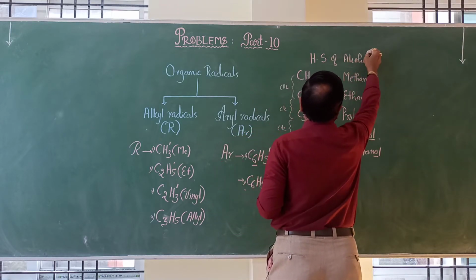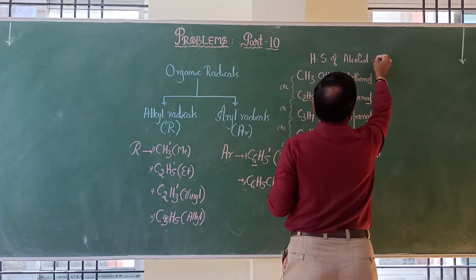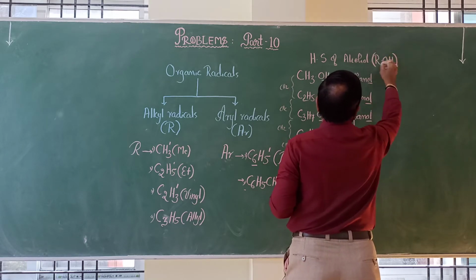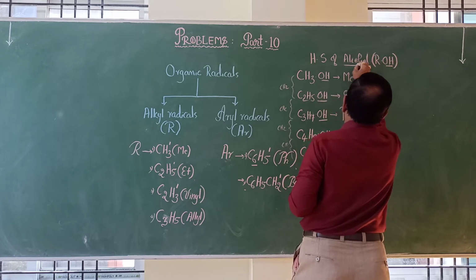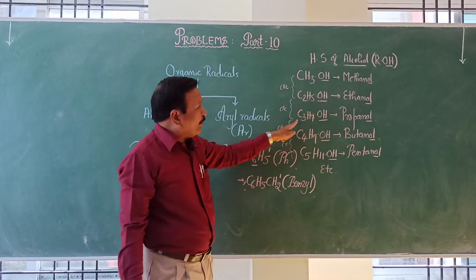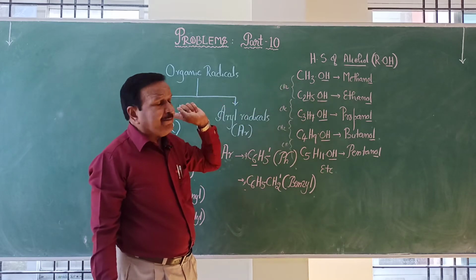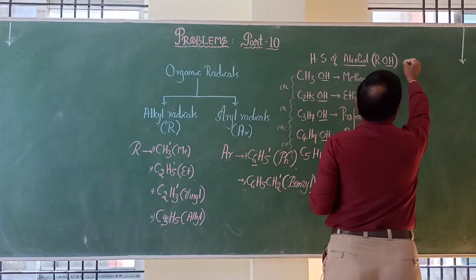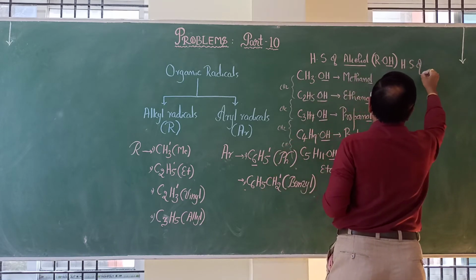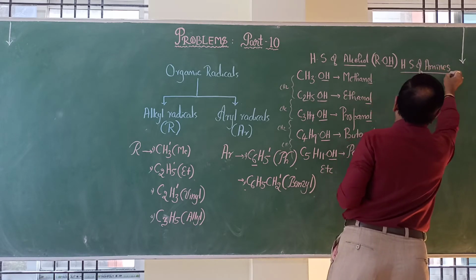So here R will be this. General formula will be ROH. OH stands for alcohol and R stands for, as I told you, methyl, ethyl, propyl, butyl, pentyl, etc. If you remember this R, suppose you want the homologous series of amines, you know very well what the functional group for amines is.